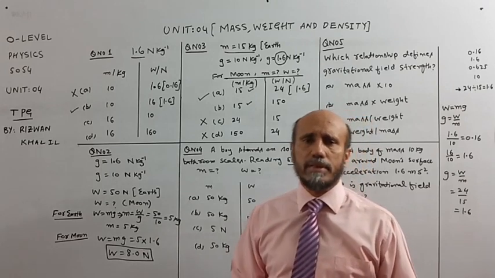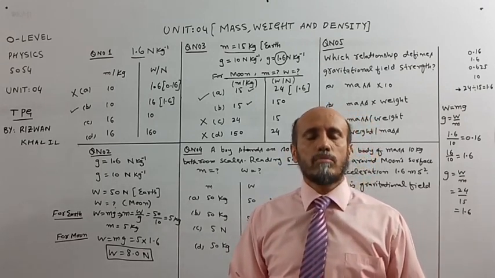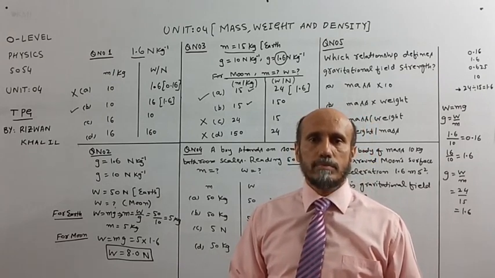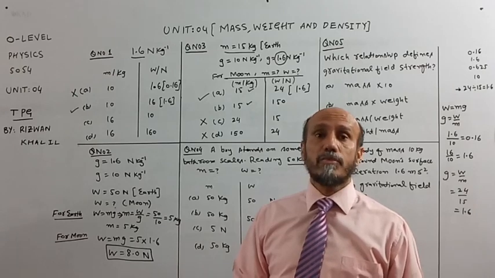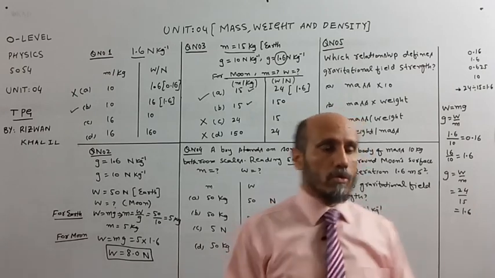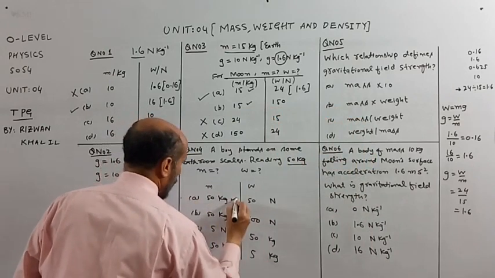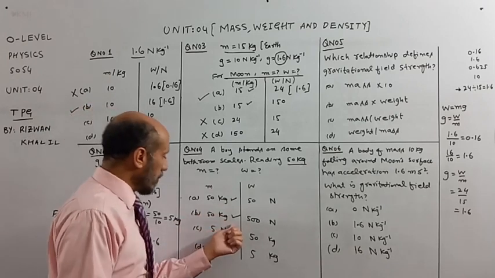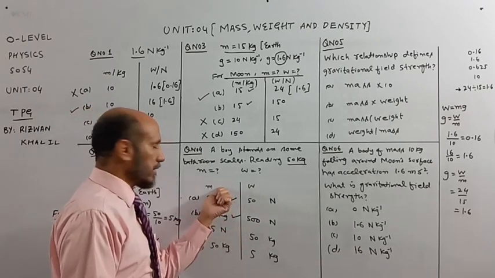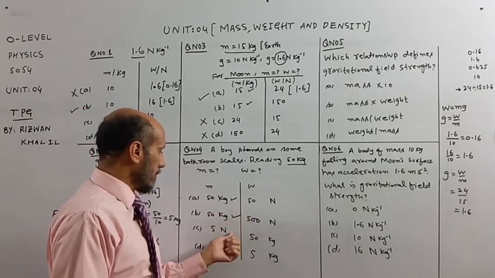Even if it was given that the boy was standing on the surface of the moon, the value of mass will remain the same, that is 50 kg. So these are the two possible options, 50 kg and 50 kg. And one more thing, the unit of mass is kg, not Newton.